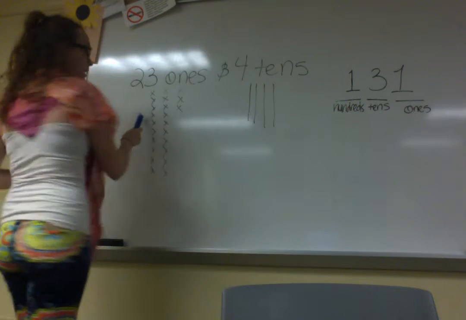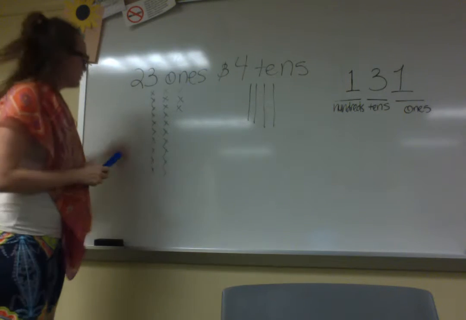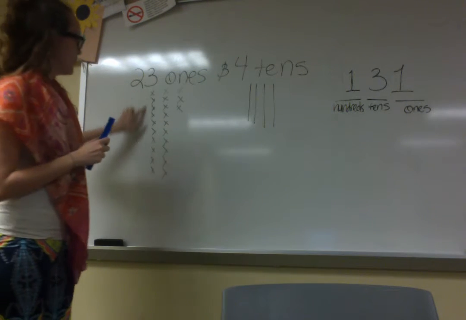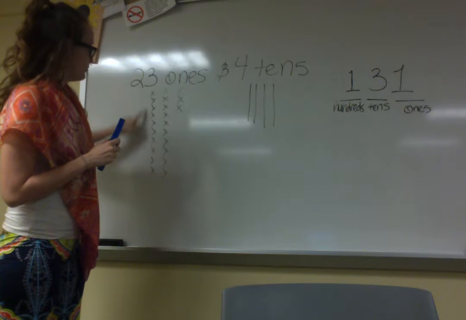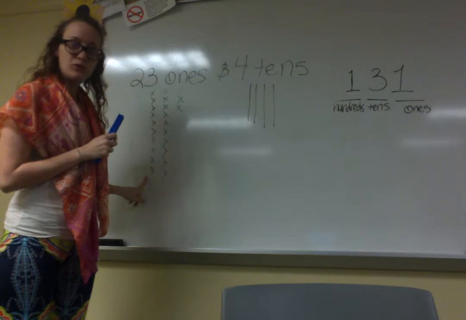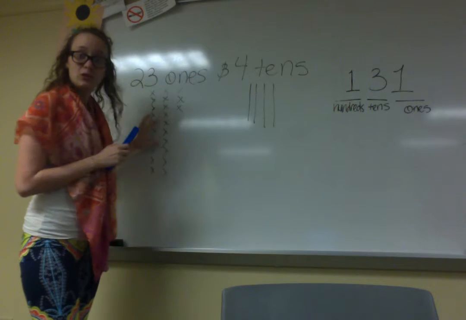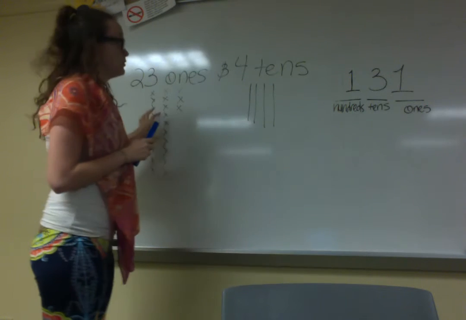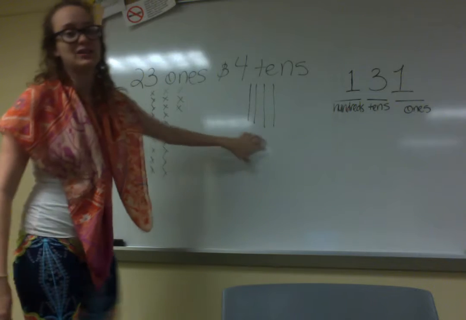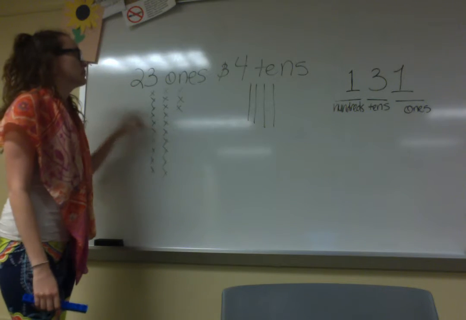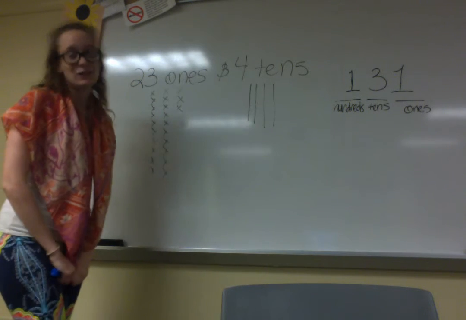If we were looking at 23 ones and we wrote it out, these 10 individual units would make 1 ten stick, and these 10 individual units would make another ten stick. So instead of having 4 tens, I would actually have 6 tens in total and 3 ones, making my total 63. It's all about the wording with the riddles. It's a lot of fun.